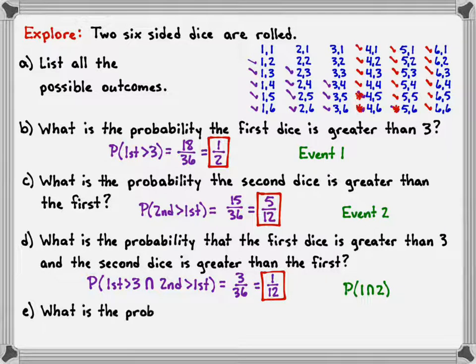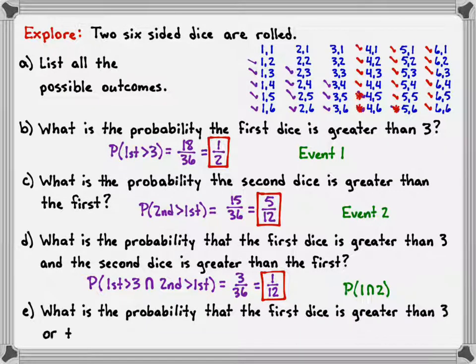For question E, it says what is the probability that the first die is greater than 3 or the second die is greater than the first. So if you think back to what I just said, or increases your probability, it adds to the list of things, as it were.